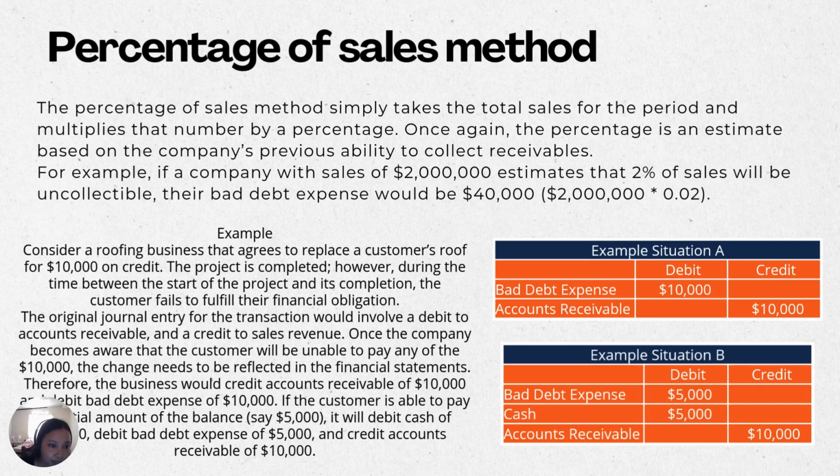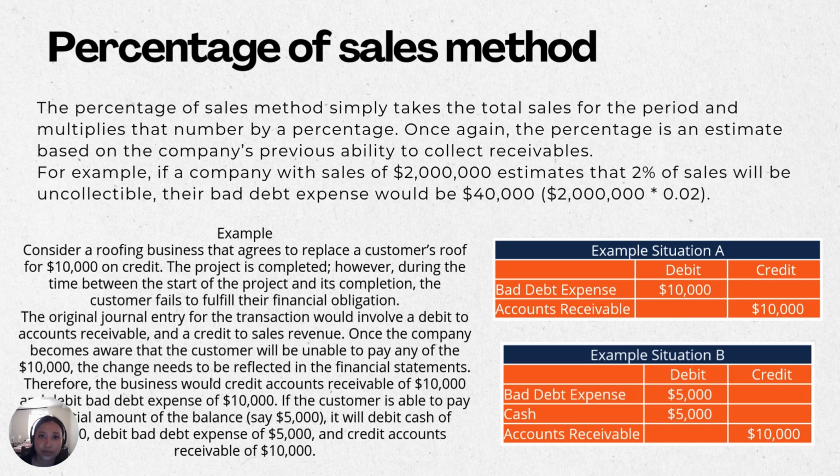The additional information says that the original journal entry for the transaction would involve a debit to accounts receivable and a credit to sales revenue. Once the company becomes aware that the customer will be unable to pay any of the $10,000, the change needs to be reflected in the financial statements. Therefore, the business would credit accounts receivable for $10,000 and debit bad debts expense for $10,000.